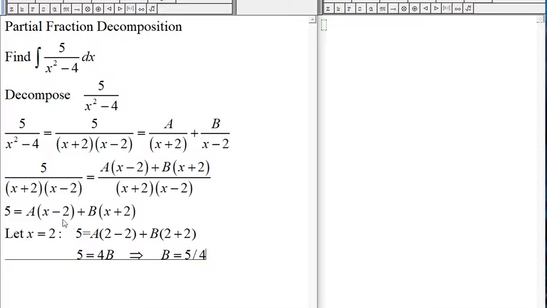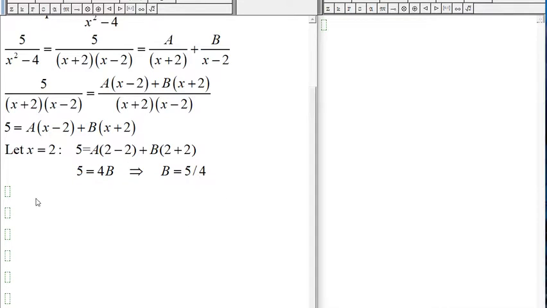And then similarly, to figure out what a is, pick something here that will make this factor 0. So we can let x be -2, because -2 plus 2 is 0. Then we have 5 equals a times -2 minus 2, plus b times -2 plus 2. -2 minus 2 is -4, so we get -4a, and then -2 plus 2 is 0.